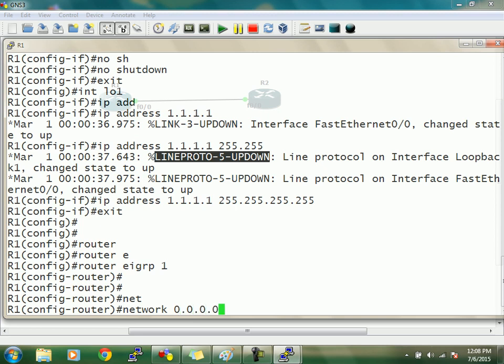Network 0.0.0.0 will enable EIGRP on each and every interface of the router.